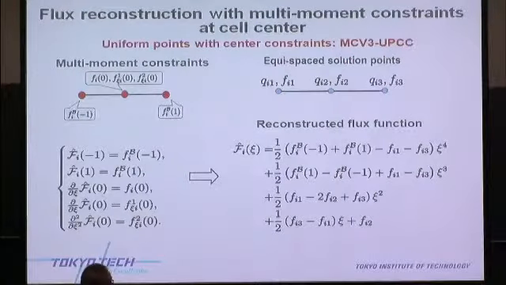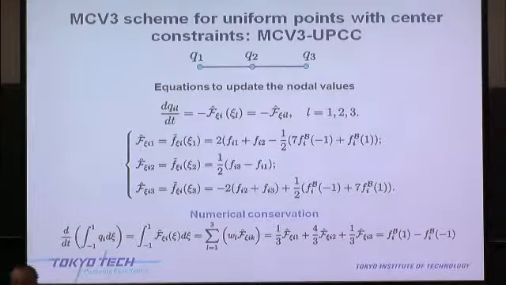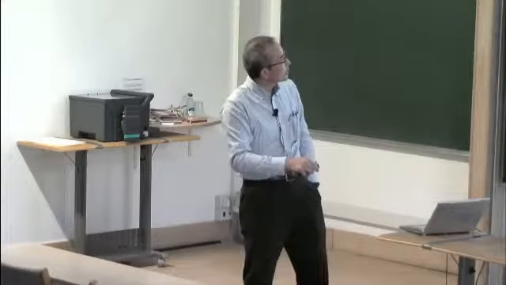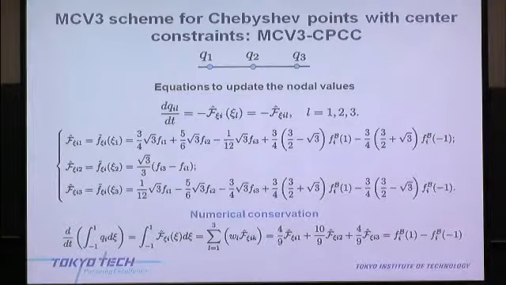equal distance solution points. Why do you have to use the Chebyshev points? A solution point? Yeah. Why Chebyshev? Does the integral have a Chebyshev weight? Yeah, it should be something like that. So you just do the integral with respect to... The integral doesn't have the Chebyshev weight function.